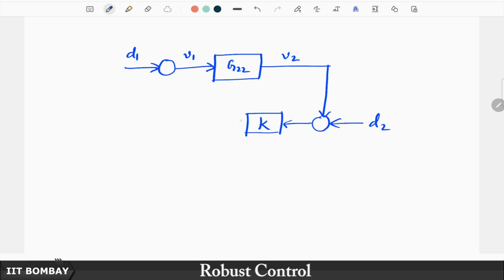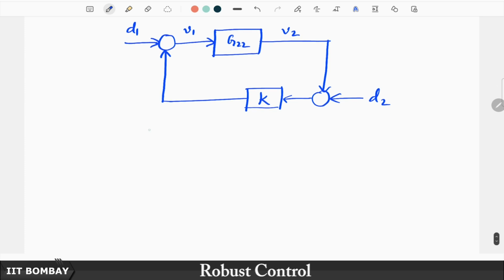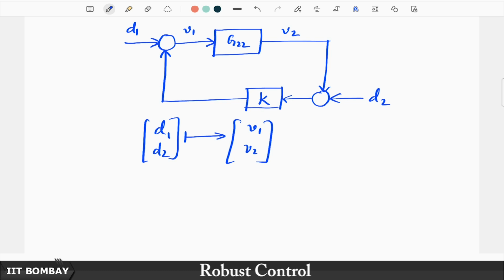This then was our K, which fed back nicely over here, right. So we showed you that if you can just design this K so that the map from D1 D2 to V1 V2, this particular transfer function, is stable, then it turns out that this same K would serve to internally stabilize the original configuration with which we have familiarized ourselves by now.